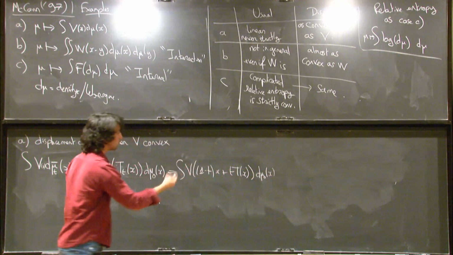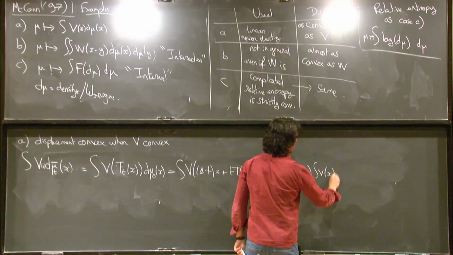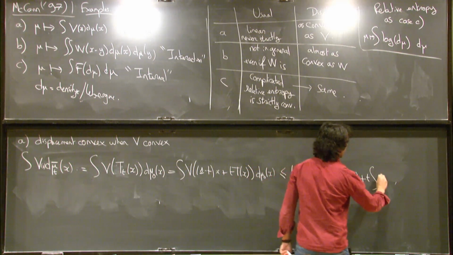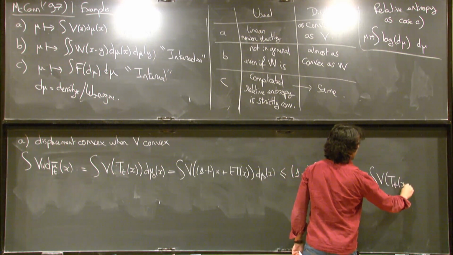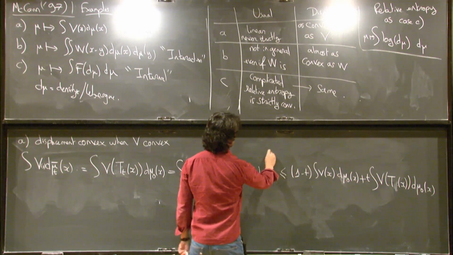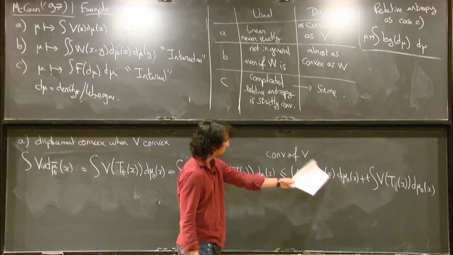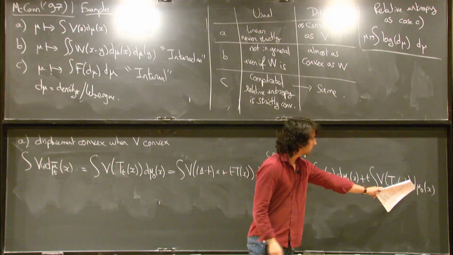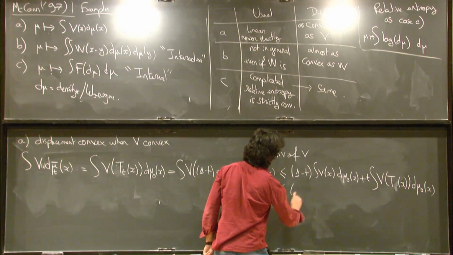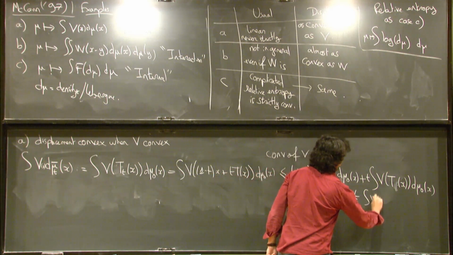Okay, and then I'm using the convexity of V. Right, so that's convexity of V. And then I just recognize that this is the value for mu 0, and the integral of V of T of x d mu 0 is the same as V of x d mu 1. So we get (1 minus t) times the value at mu 0 plus t times the value at mu 1.